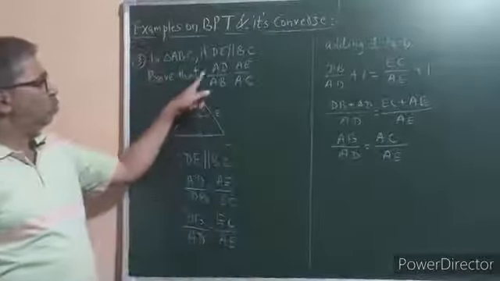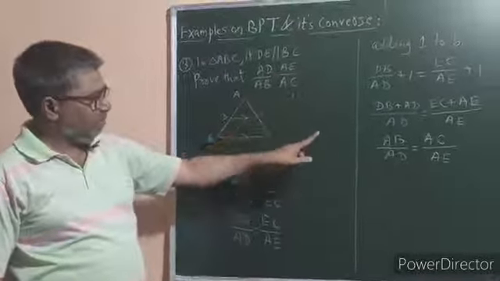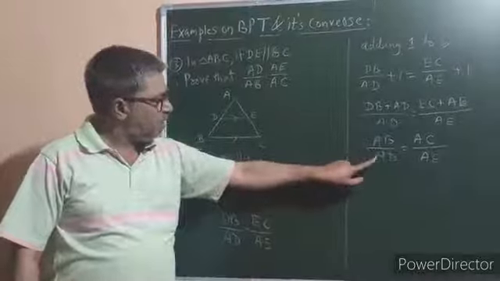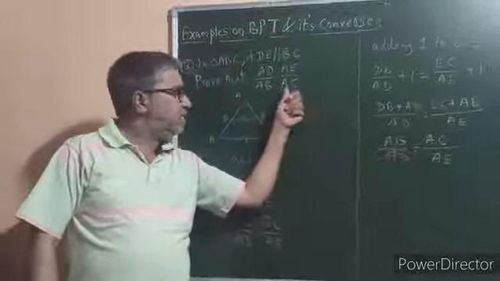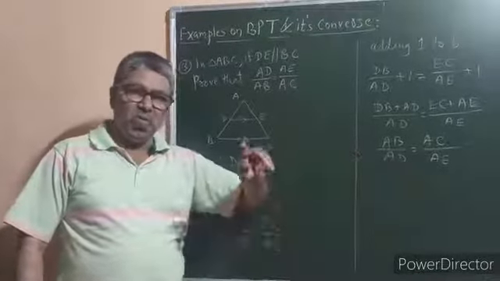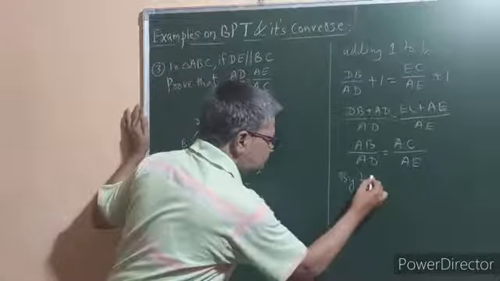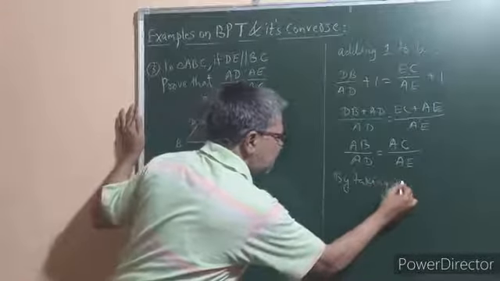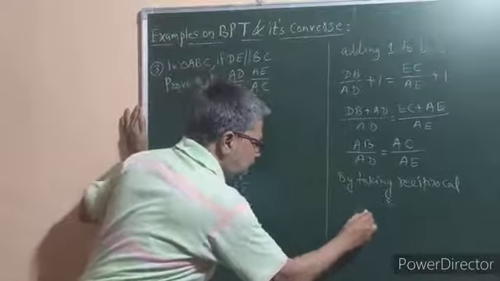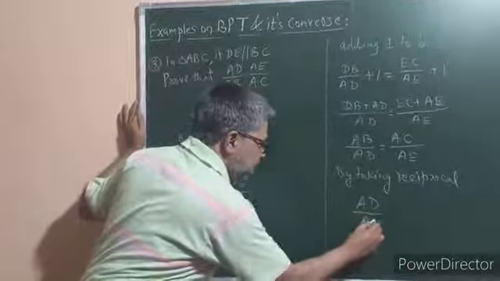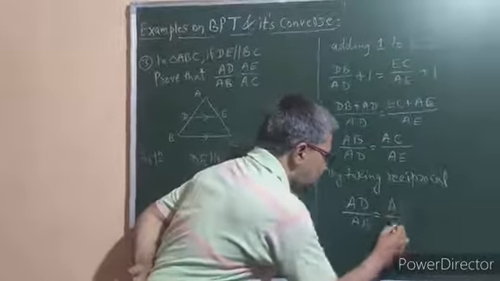So what is given to prove? AD upon AB is equal to AE upon AC. But here what we got? AB upon AD is equal to AC upon AE. So to get this format, here also we have to take the reciprocal. So by taking reciprocal, AD upon AB will be equaling to AE upon AC.